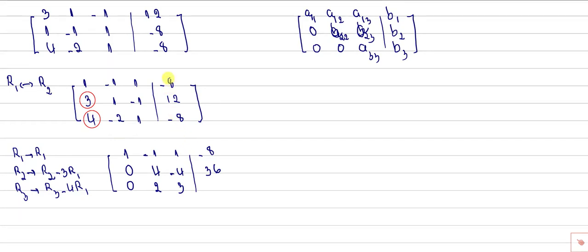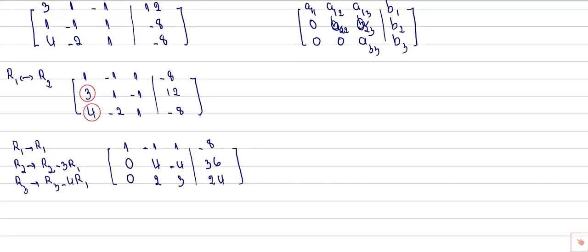So minus 4 multiplied by minus 8 is 32. 32 minus 8 is 24. So I write 24 here.